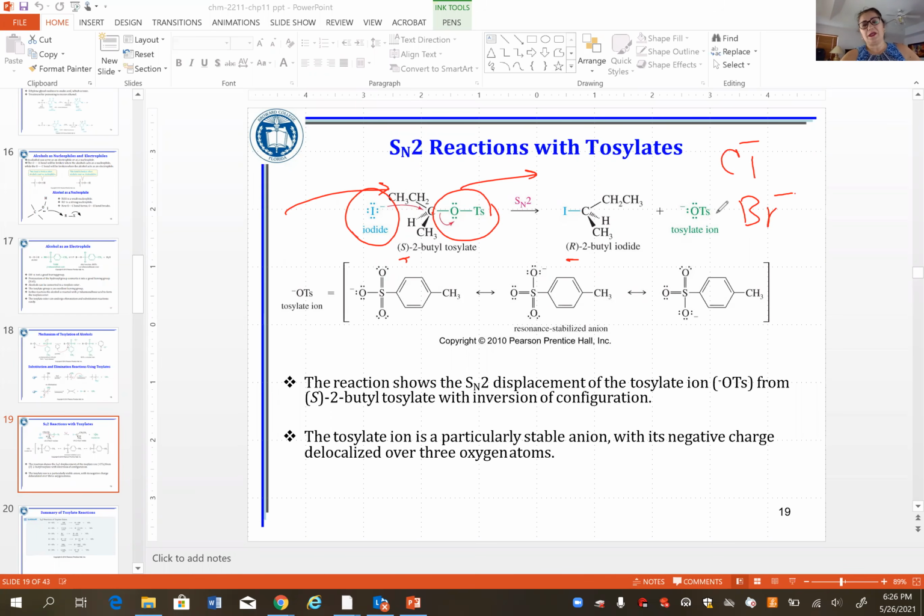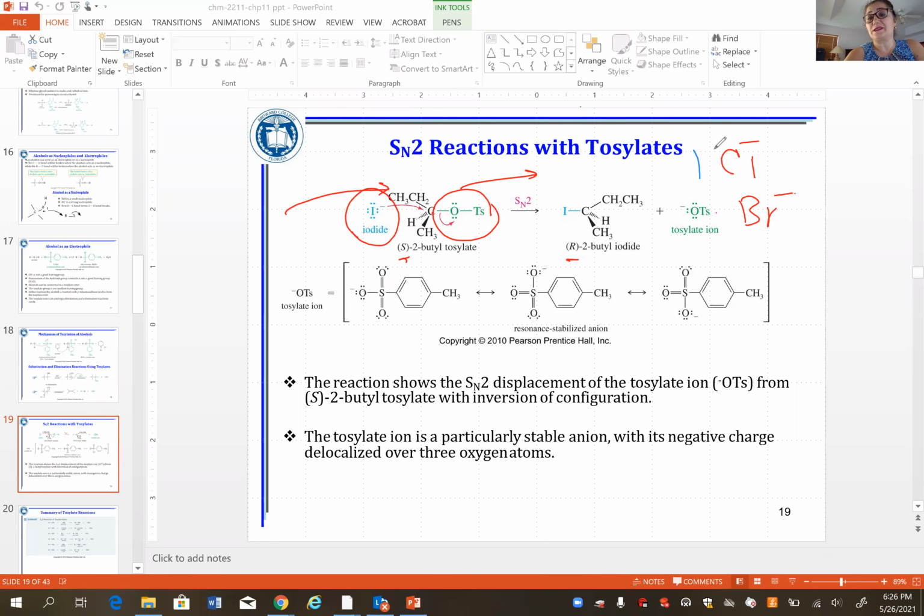Now, which one is a stronger base, Br- or Cl-? In order to find out, what should you start with? I'm looking for your answer in the chat box, but what would you consider? You should consider where they are coming from.